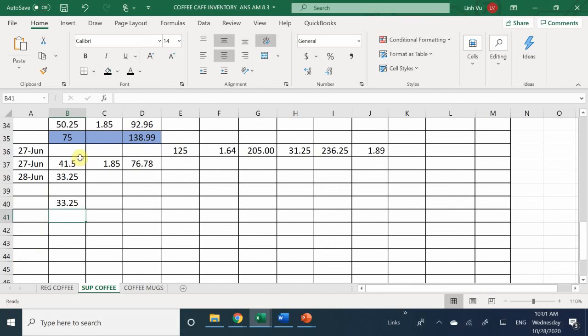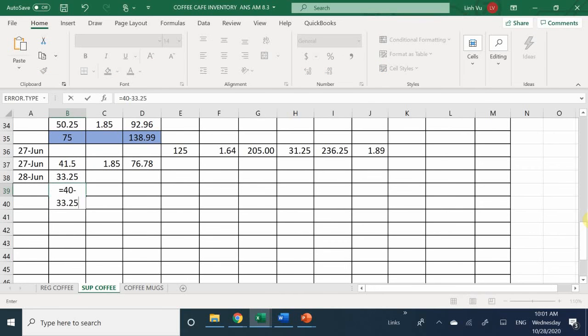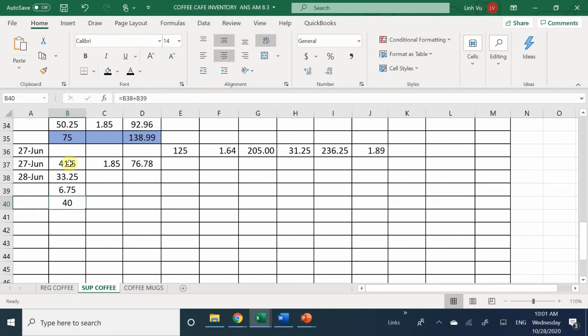The difference there is 6.75. So 40 minus the 33.25 is 6.75. Gonna highlight this.